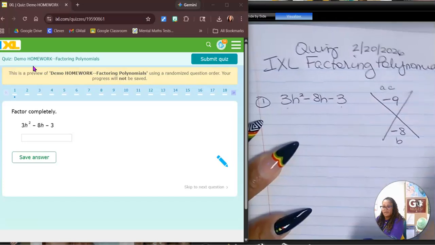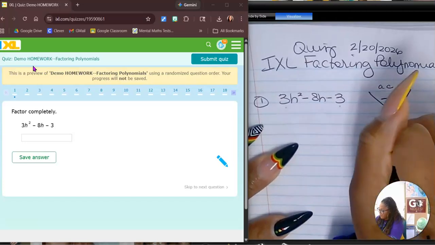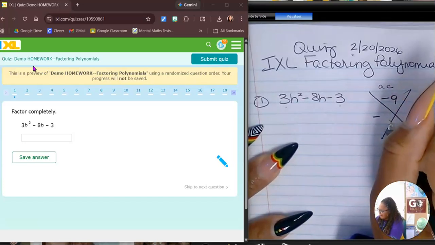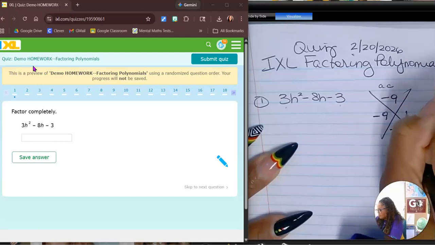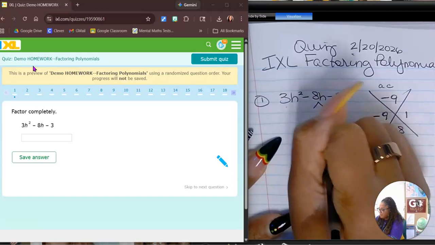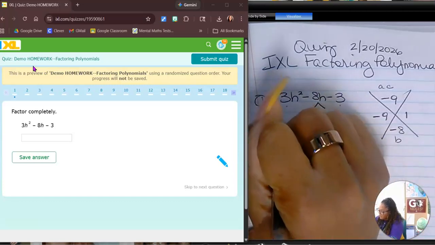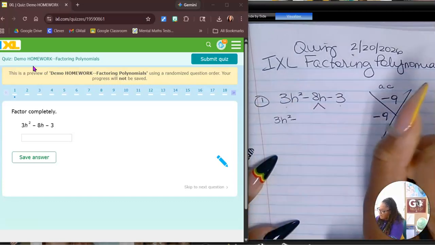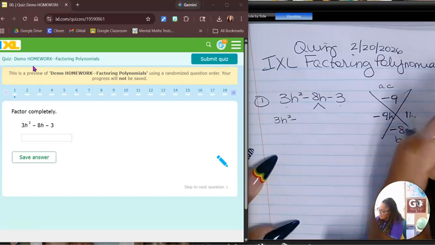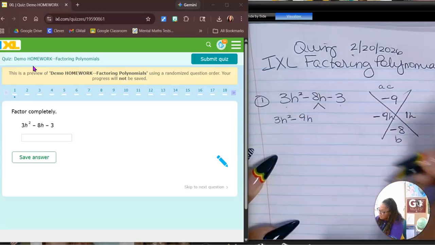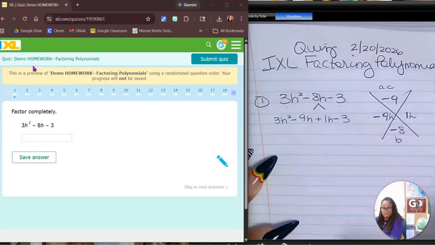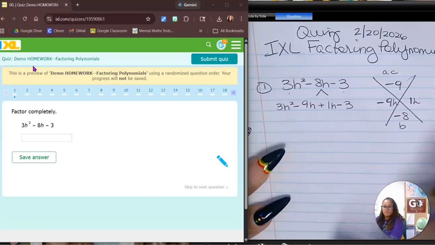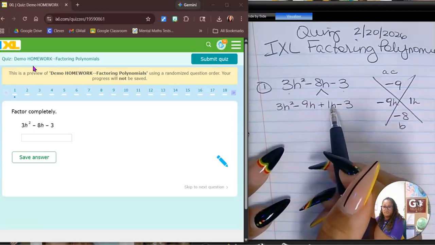In order to get these terms when you multiply, you would have a negative 9 and a positive 1. Then we would split the middle term. So we would say 3h squared minus 9h plus 1h minus 3. So that's what we would do over here to split that middle term.